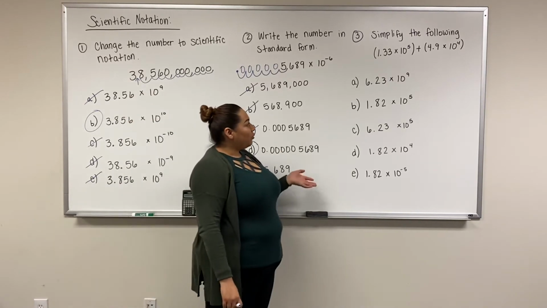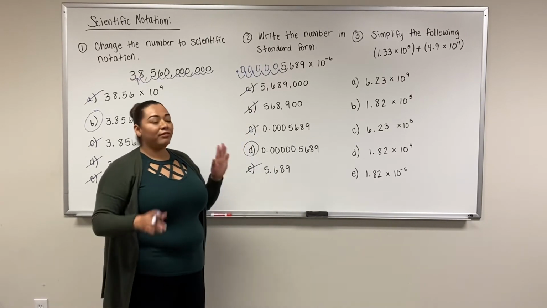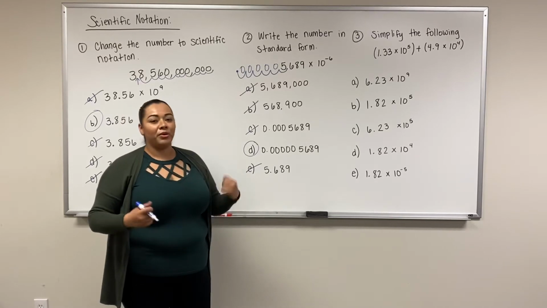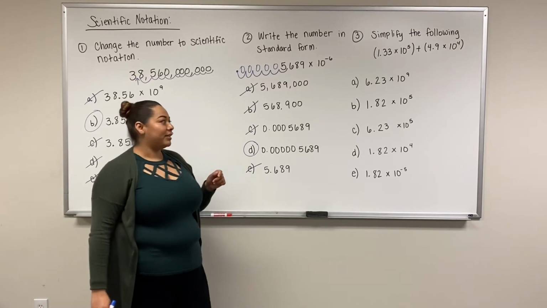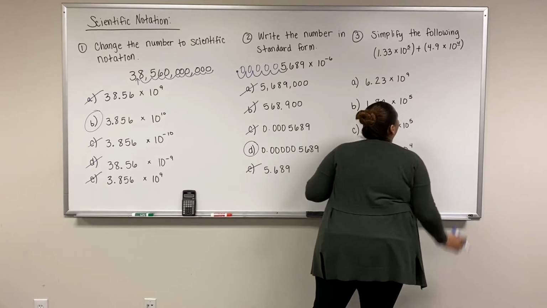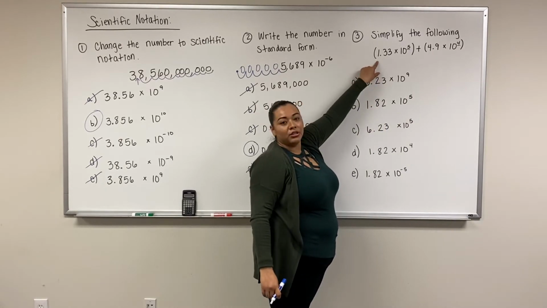So for number 3, we're simplifying the following. We have 2 numbers in scientific notation, and we're adding them. Before we add them, the exponent has to be the same. If you see, we have a 5 and a 4. Therefore, we're going to have to change this one to a 4.